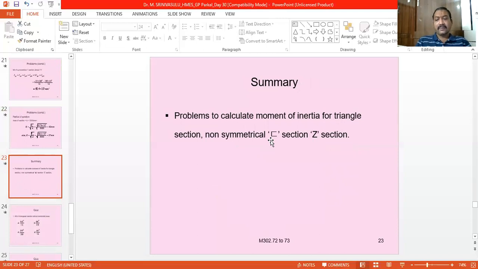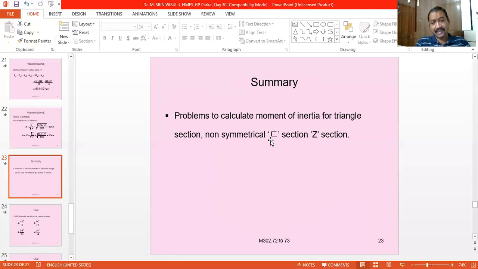Now coming to the summary part. In this class we have solved some examples on the triangular section, non-symmetrical C section, and also Z section.